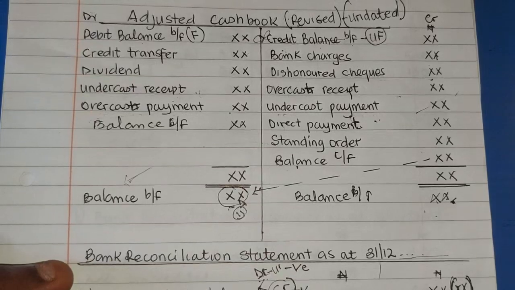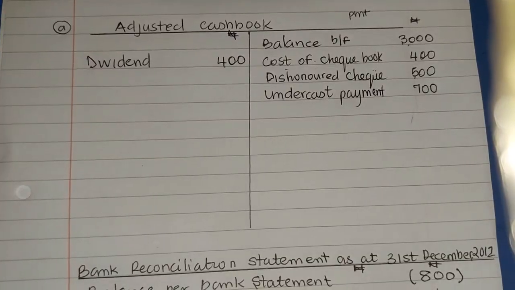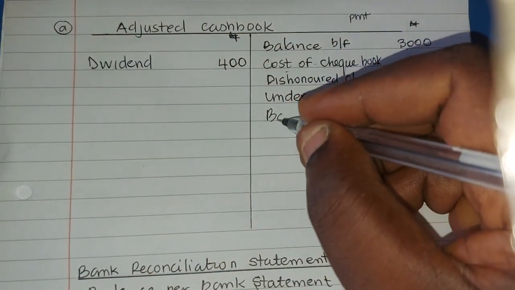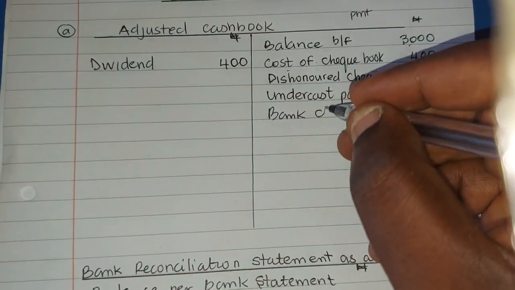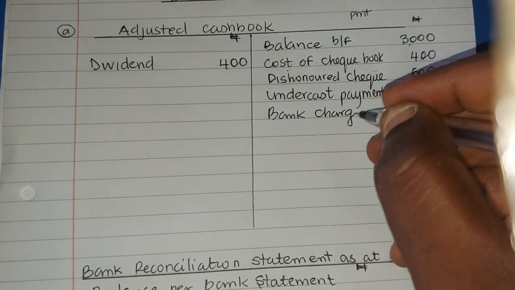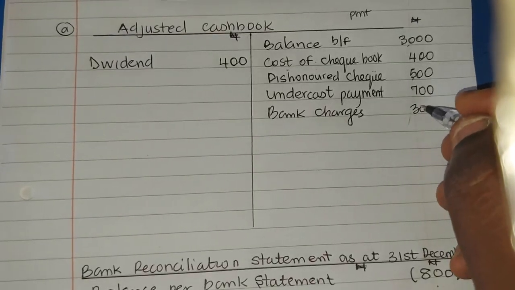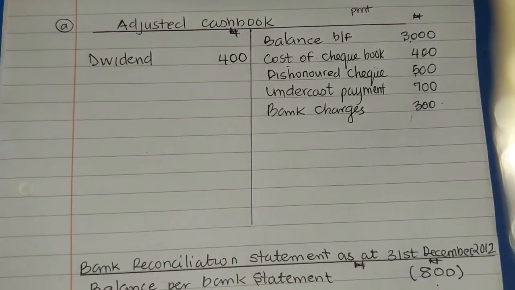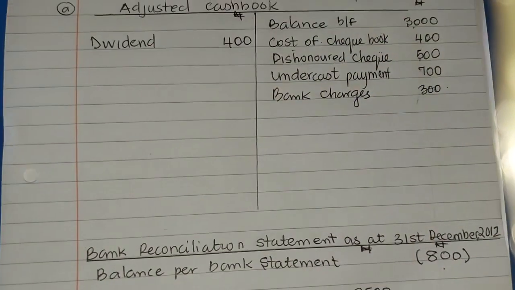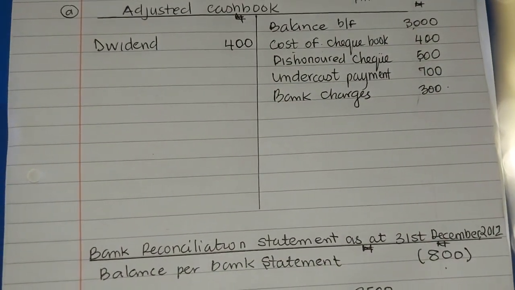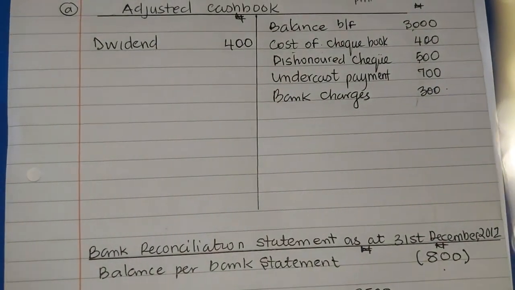So you have your bank charges, and that gives 300. So with this, just pick up your calculator. That's the last item there.